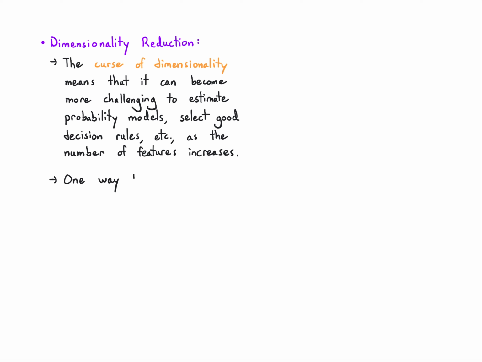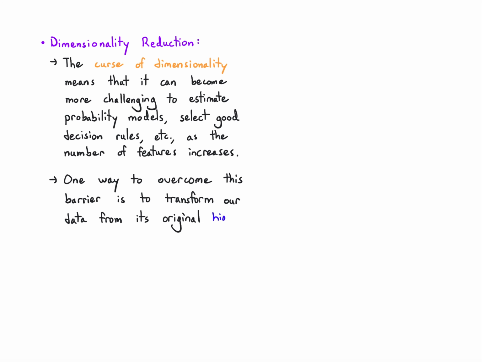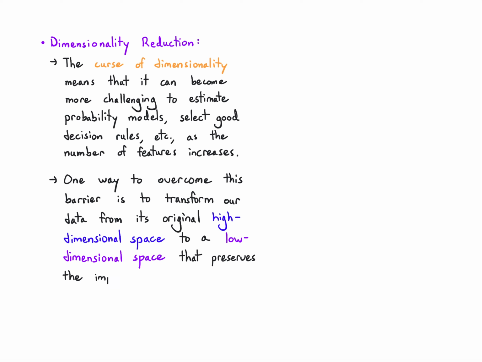Okay, so one way to do this is to try to transform our data from the original high dimensional representation. So it lives in some high dimensional space. We want to move it to a low dimensional space, and we want to do this in a way that we preserve the important relationships that exist between our examples.